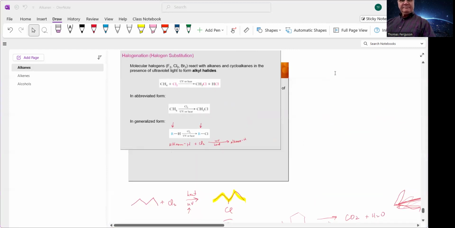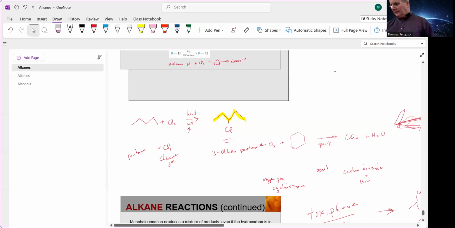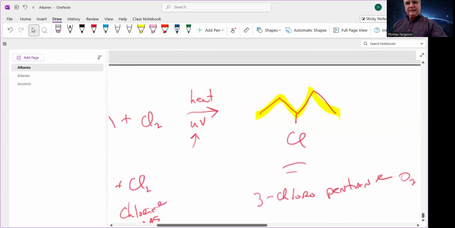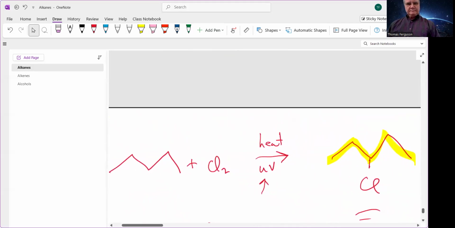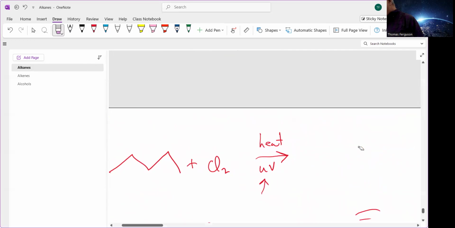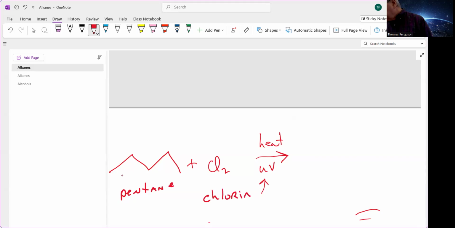Okay, and so this is a good example of a reaction. So I have 1, 2, 3, 4, 5. So that's pentane. We name it. Name the reactants.